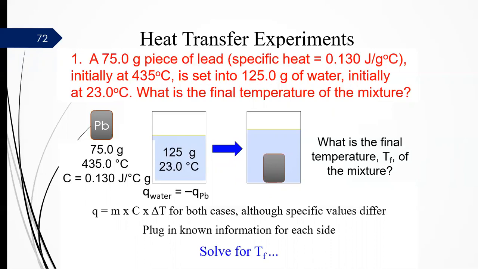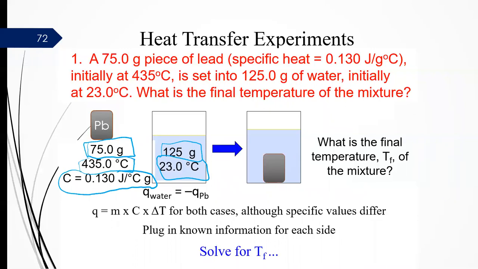So in this case, we've taken that lead, it has some mass, it has some temperature, and we know its specific heat capacity here. We're putting it inside of that water. That water has a mass, it has a temperature, and we also know the specific heat capacity of water.